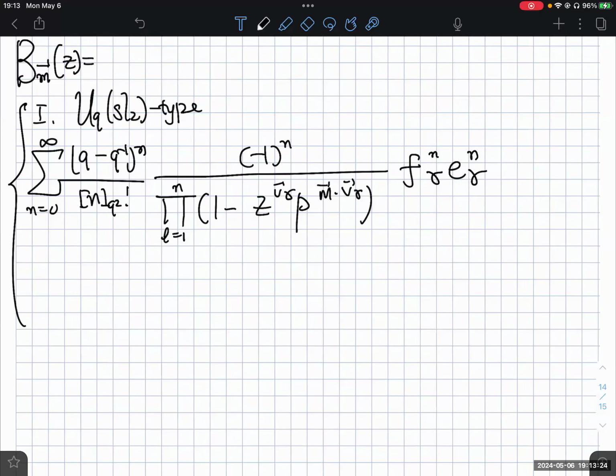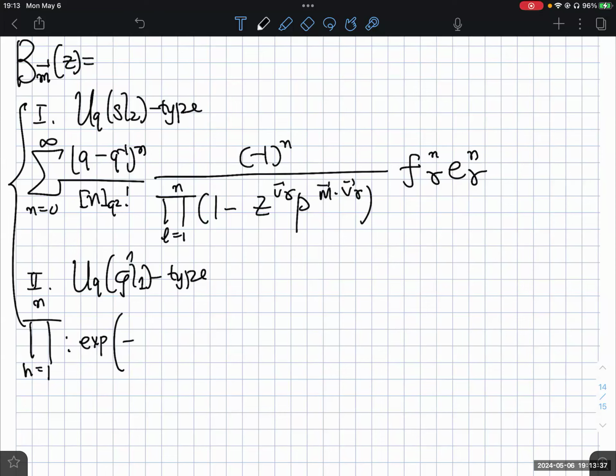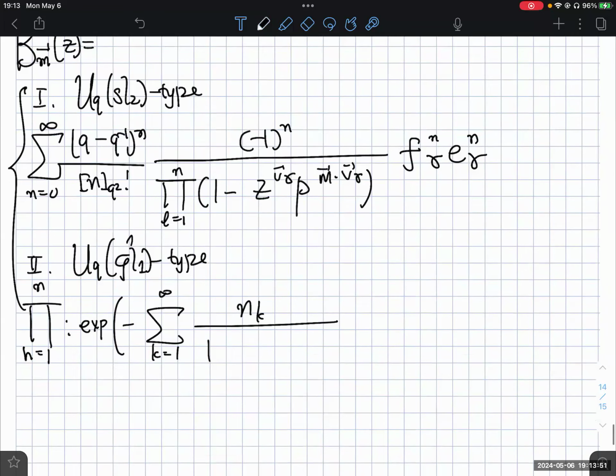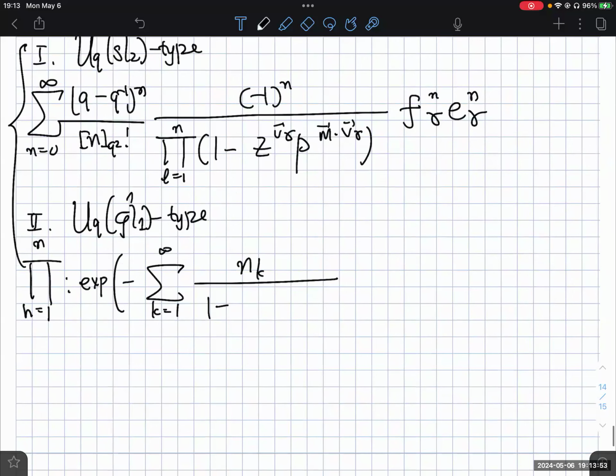And the second is written as the EQJ1 type. Actually, the true formula for this has some coefficients in the Q, this kind of thing, but I don't want to write it down now. But you can just get a feeling about what this formula would be like.